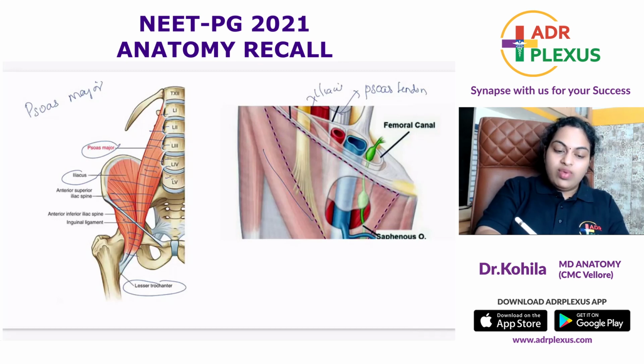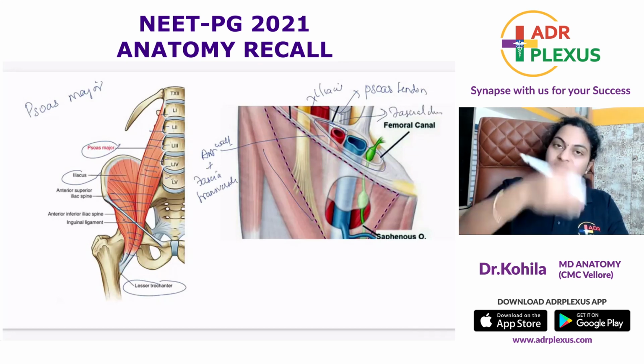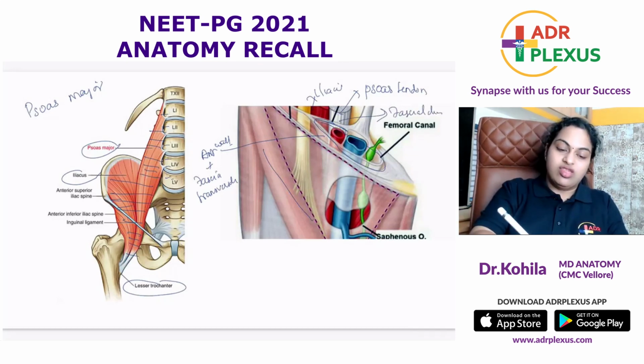This is your femoral vessels within the femoral sheath. The anterior wall of the femoral sheath, can you tell me what is the fascia there? Fascia transversalis. Posterior wall of the femoral sheath, fascia iliaca, which covers both iliacus and psoas major muscle.